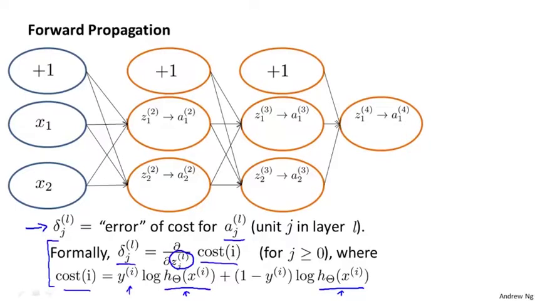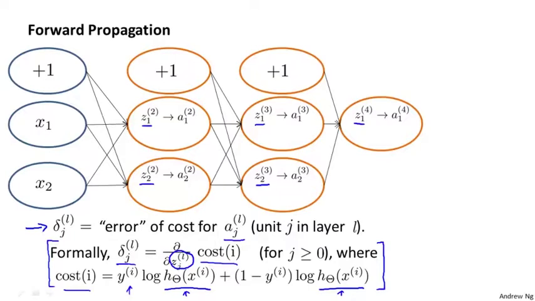So they're a measure of how much we would like to change the neural network's weights in order to affect these intermediate values of the computation, so as to affect the final output h of x, and therefore affect the overall cost. In case this last part of the partial derivative intuition didn't make sense, don't worry about it. The rest of this we can do without really talking about partial derivatives.